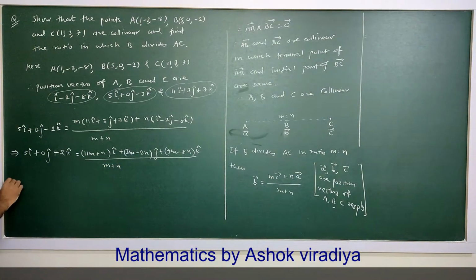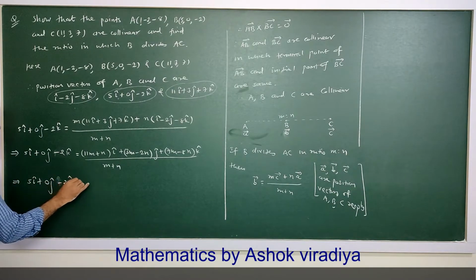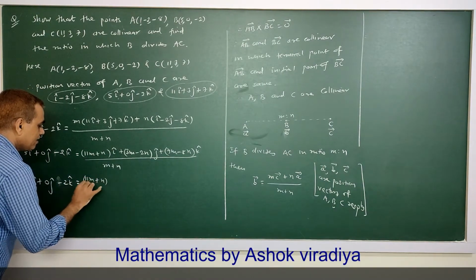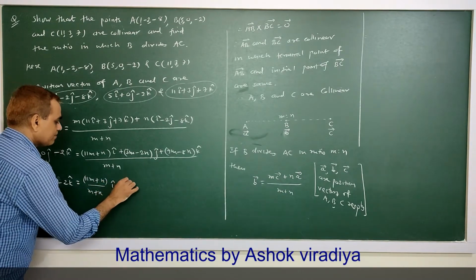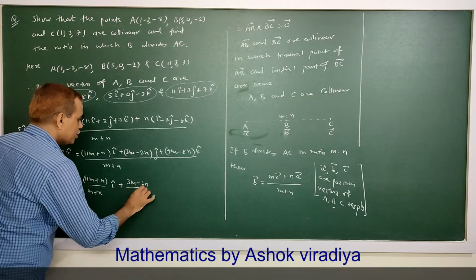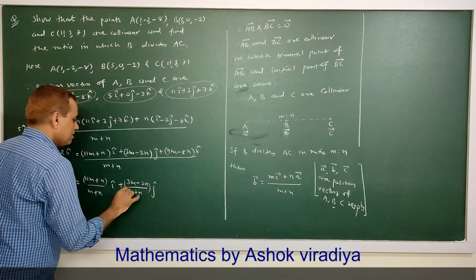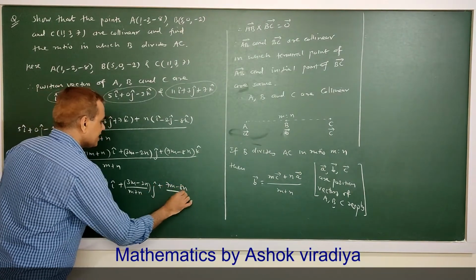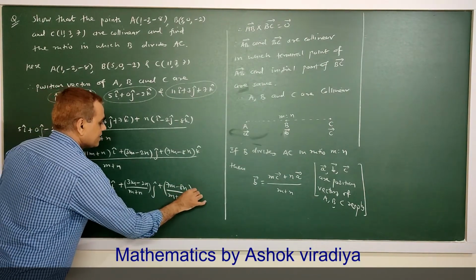That is, 5i plus 0j minus 2k is equal to (11m plus n) upon (m plus n) times i cap plus (3m minus 2n) upon (m plus n) times j cap plus (7m minus 8n) upon (m plus n) times k cap.